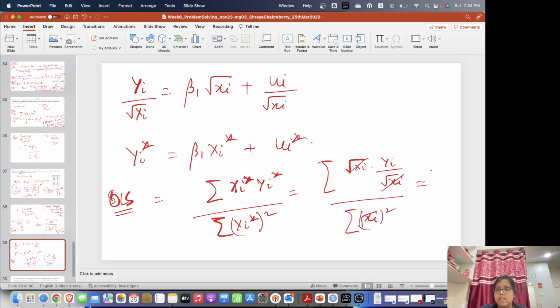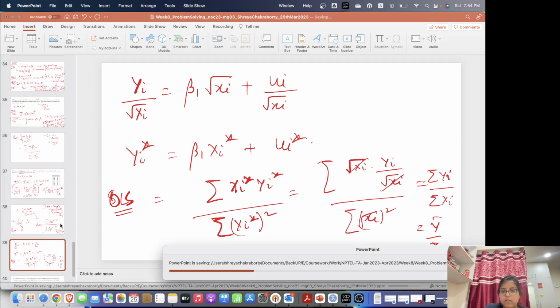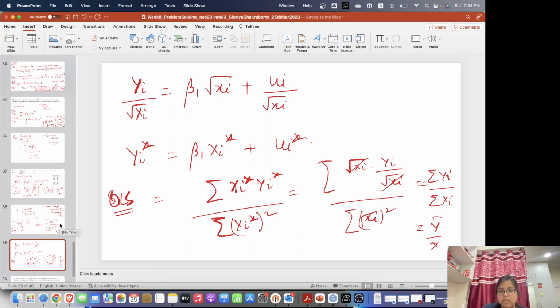This one cancels. This is also summation yi by summation xi, which is y bar by x bar. So the formulas are matching. It's fine.